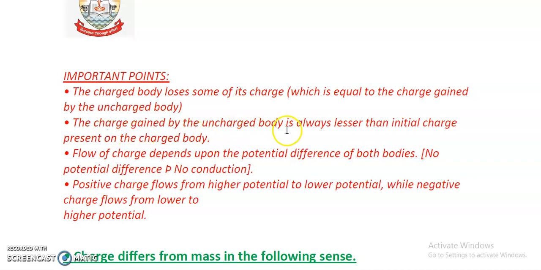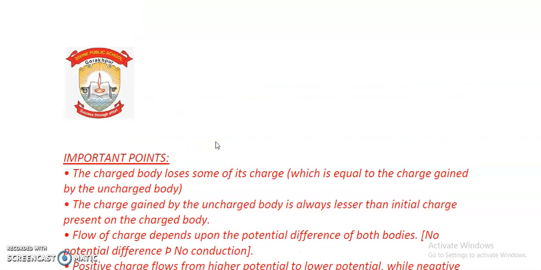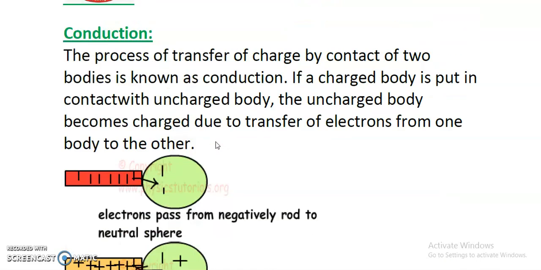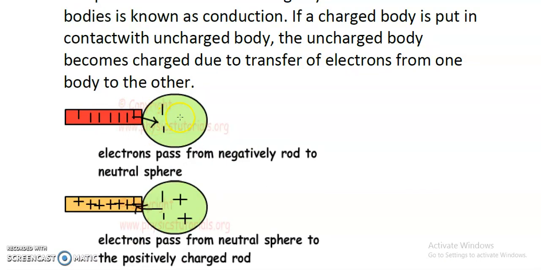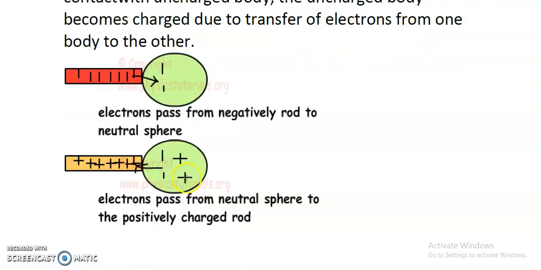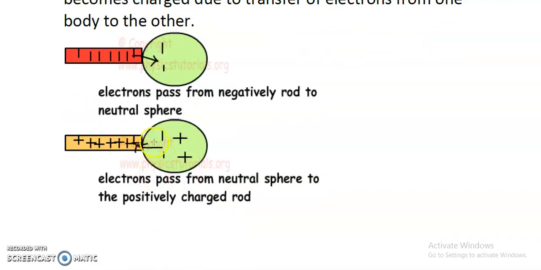The charge gained by the uncharged body is always less than the initial charge present on the charged body. So whatever charge is gained by this sphere is always less than the initial charge present on this rod. Again, whatever charge has been transferred to this positively charged rod, these electrons were transferred to this rod, and this sphere has become positively charged.